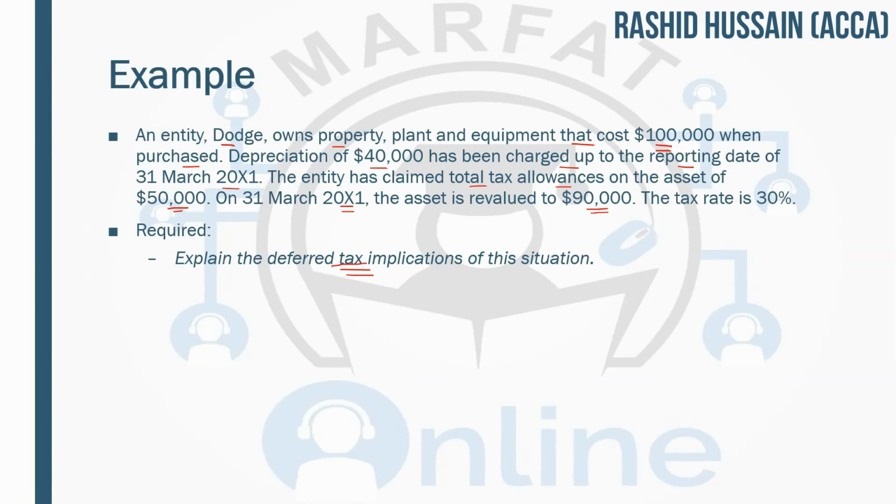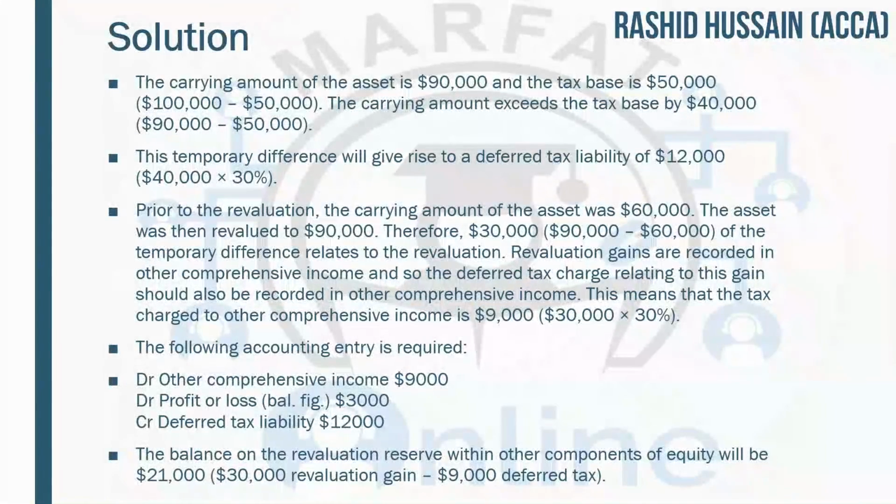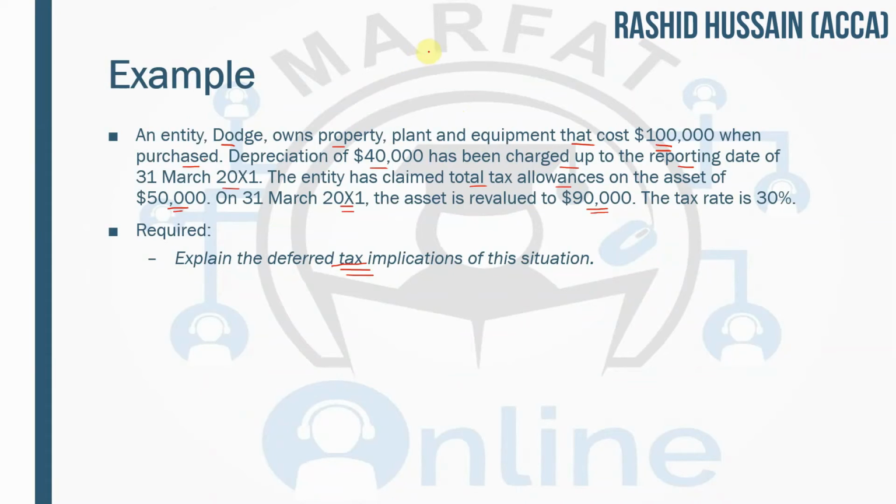The carrying value will become more than the tax base, and that will give rise to the deferred tax liability. So simply see that the carrying value is how much? Carrying value is 100,000 minus 40,000. That means 60,000. This is the carrying value.